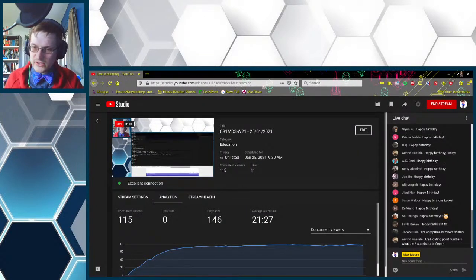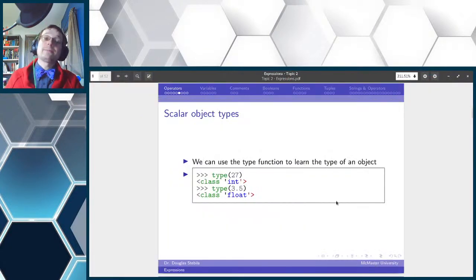Are floating point numbers what the F stands for in flops? Yes, it is. Flop means floating point operation, right? Way back, when we were talking about how good your computer is, they used to measure it in things called megaflops and gigaflops.